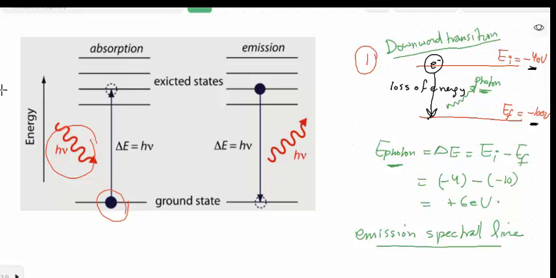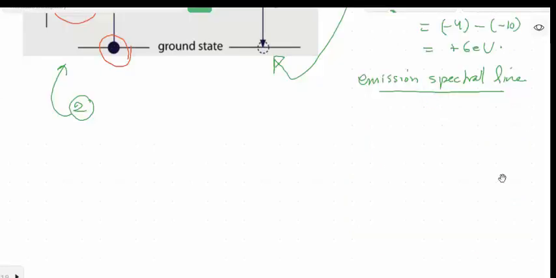Now, case number 1 was the explanation of this part. Now I need to explain the second part, the case of absorption. Concentrate with me. So now we have another consideration.